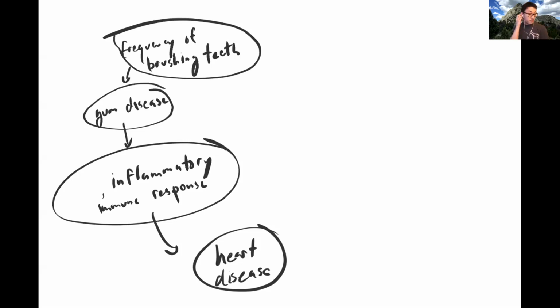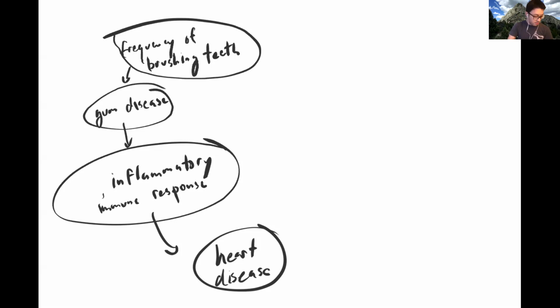That can be one side of our causal model. From this, if you establish this relationship and you have the data and are able to measure the frequency of brushing your teeth, this can directly relate to heart disease.